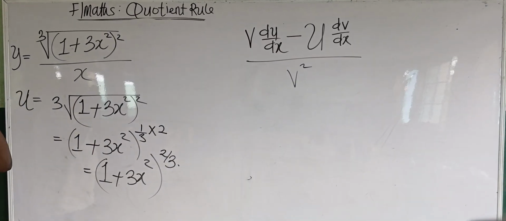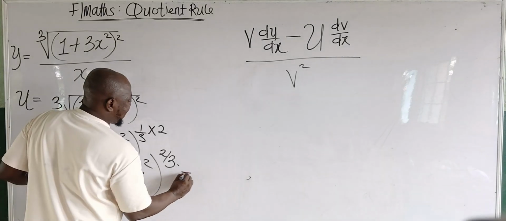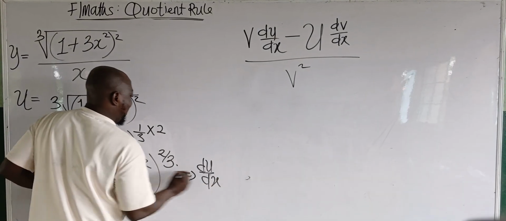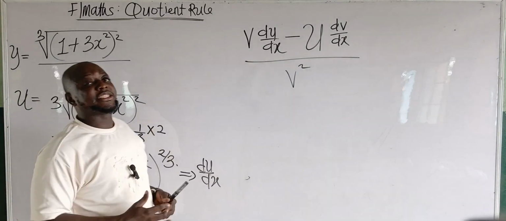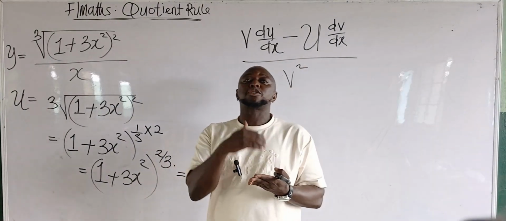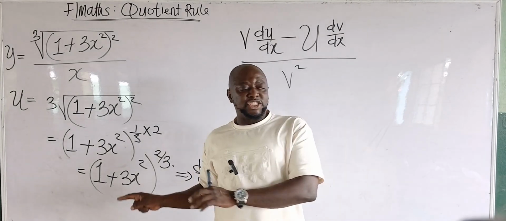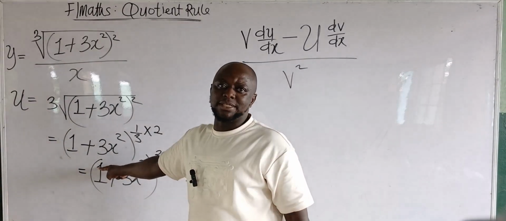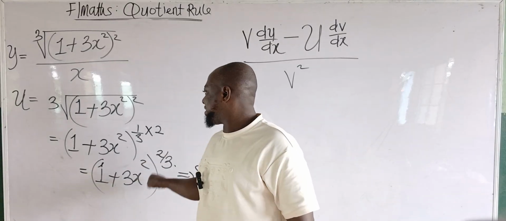With this, we can now look for our du dx. To find du over dx, this is a complete chain rule question, so we're going to use the shortcut in differentiating this. Please watch what I'm going to do. I don't have business with the constant, but I have business with the x.